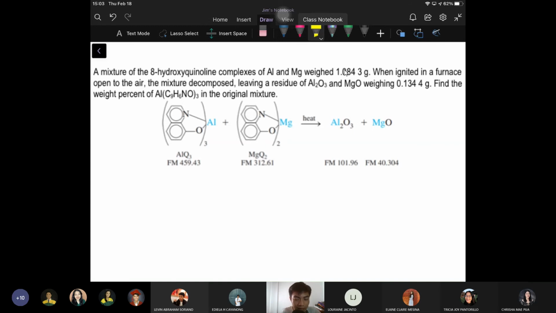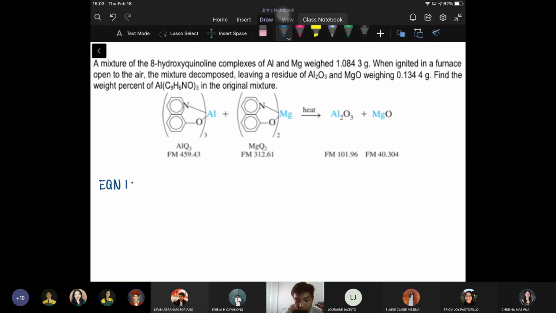Nung ininit daw yan, ang natira na lang ay aluminum oxide and magnesium oxide. Yung mass daw ng dalawang yan ay 0.1344 grams. Okay? From those two equations, hanapin mo yung mass nitong original. So, tulungan ko kayo mag-set up ng equation para masagutan nyo to after the class.